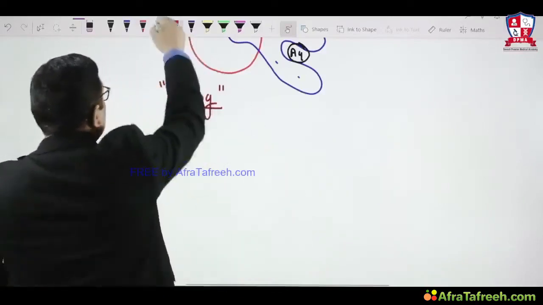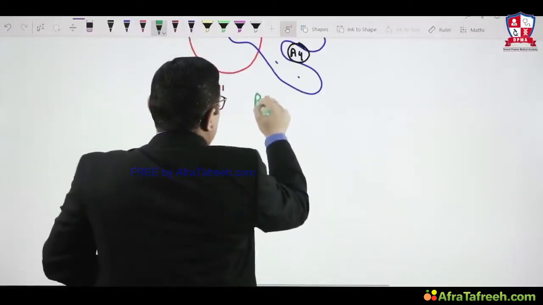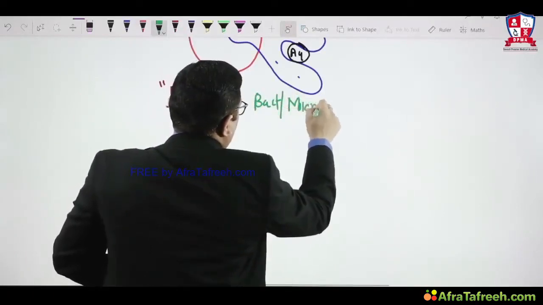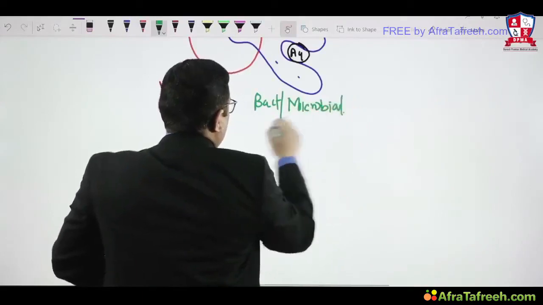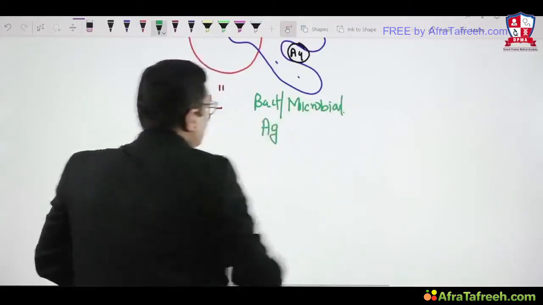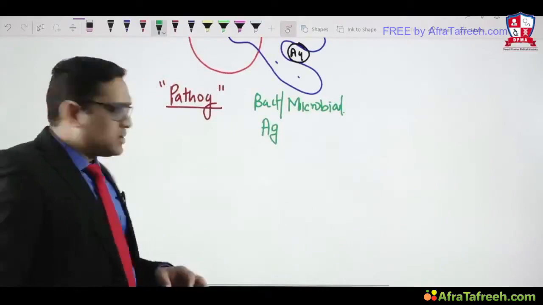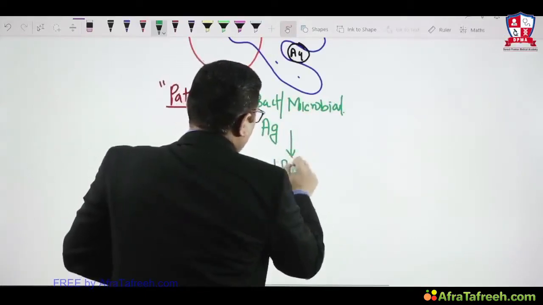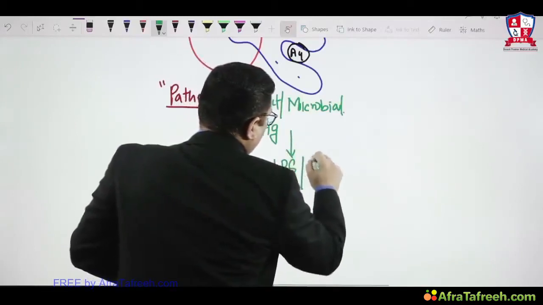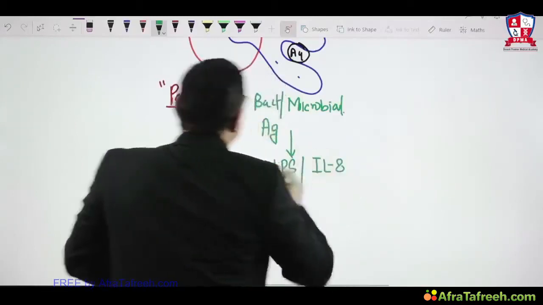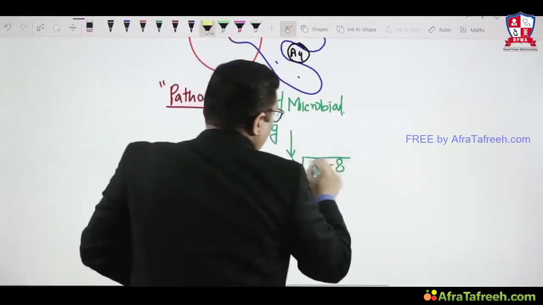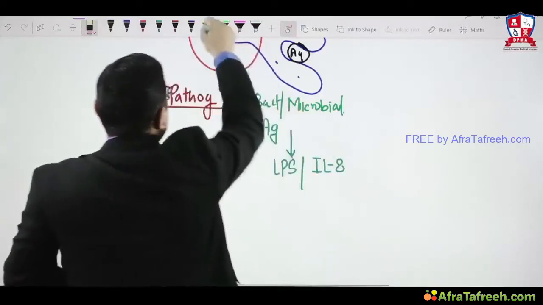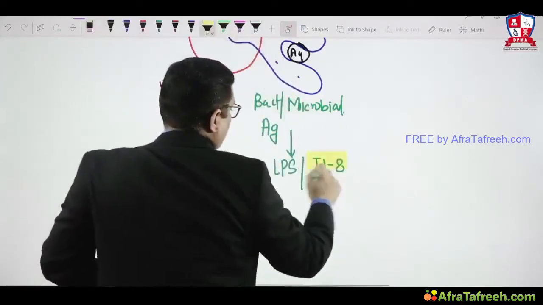Whenever we are exposed to bacterial or microbial antigen, especially the neutrophil, their lipopolysaccharides and the cytokine called interleukin 8, that is very important to understand. And this cytokine could be a future All India question also. This is interleukin 8.